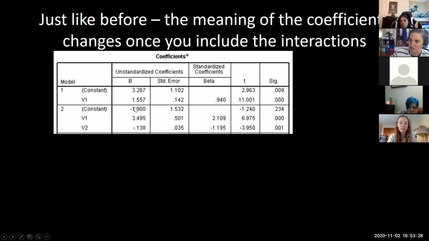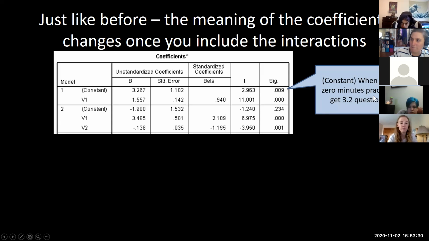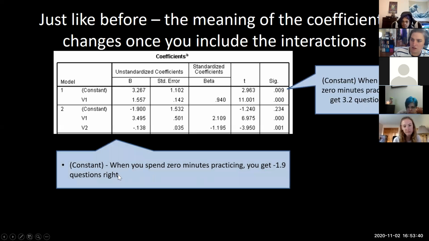Isn't that wild? So we're used to this. This is normal. When you spend 0 minutes practicing, you get 3 questions right. And here, when you spend 0 minutes practicing, you get negative 1.9 questions right. Because of the extrapolation.